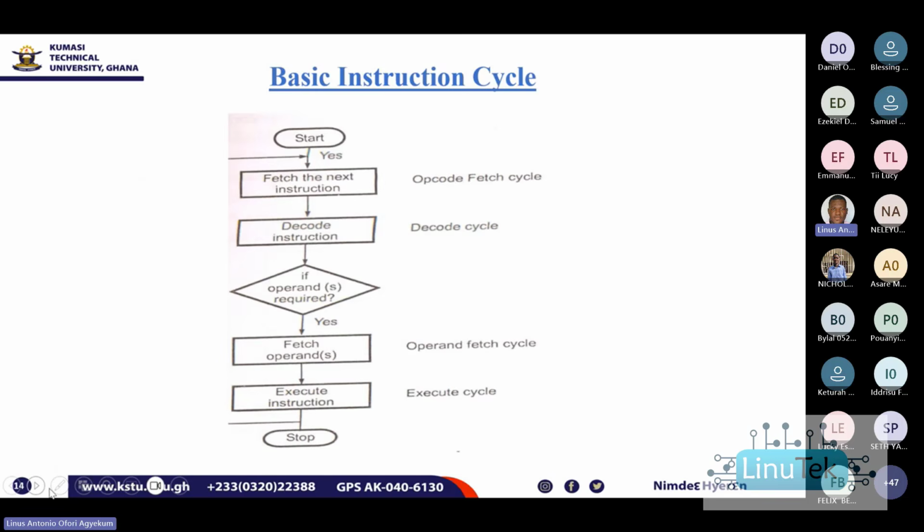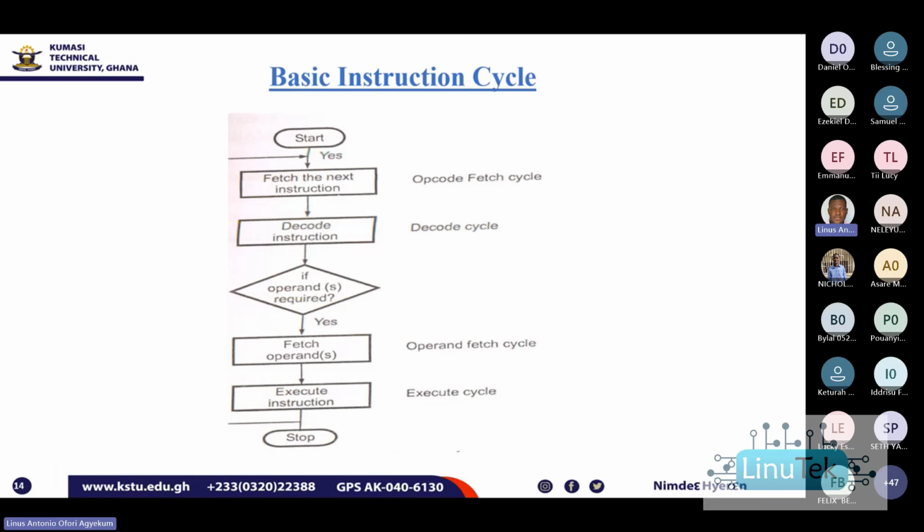If you take this diagram, for instance, you will see that in the execution of a code, it starts with the fetch of the instruction. Then the instruction is decoded. Then after the decoding of the instruction, if there is an operand that needs to be fetched, the operand is also fetched and decoded, and then execution takes place.